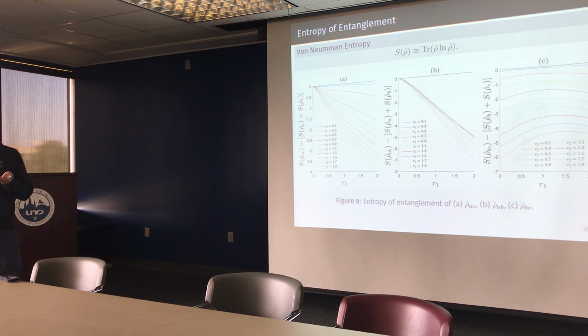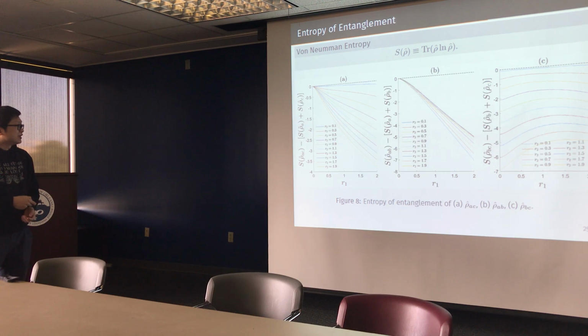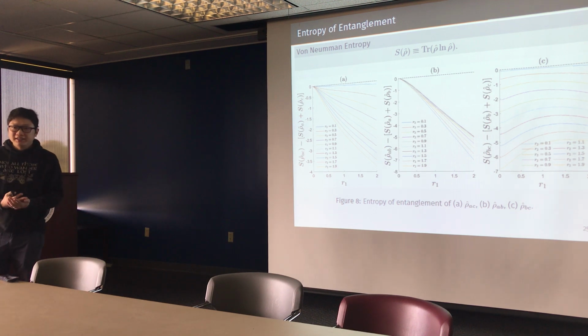So this shows that each pair of modes are entangled. Right, so this shows exactly A and C are entangled, A and B are entangled, and B and C are entangled. Right, but the problem with the entropy is that it's not practical to measure entropy experimentally to show that they are entangled.